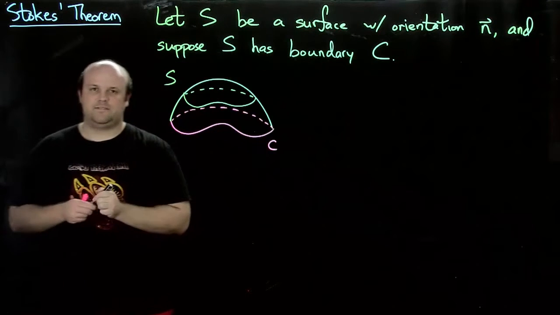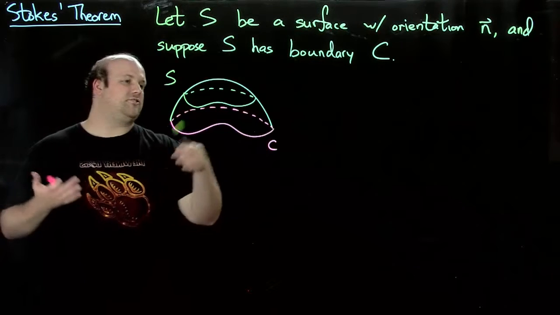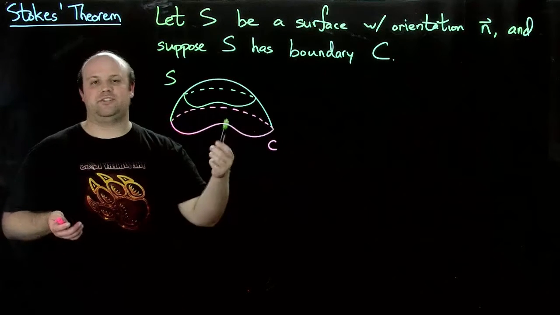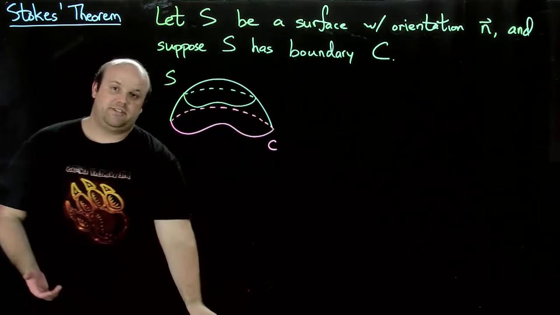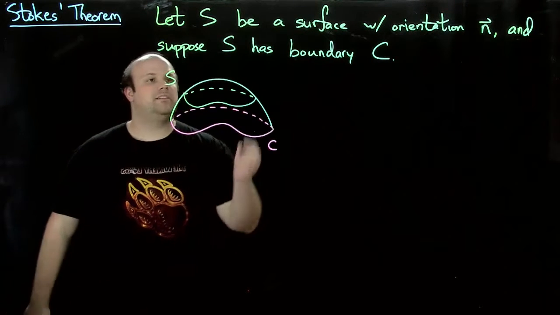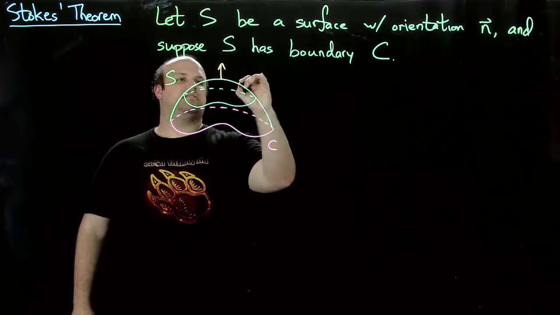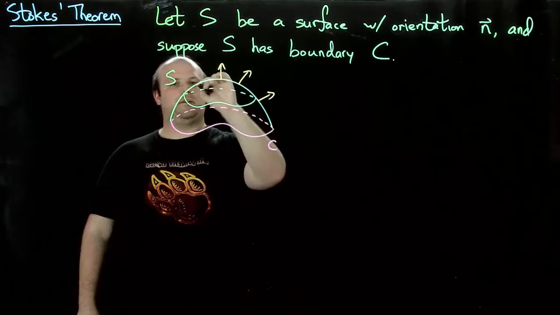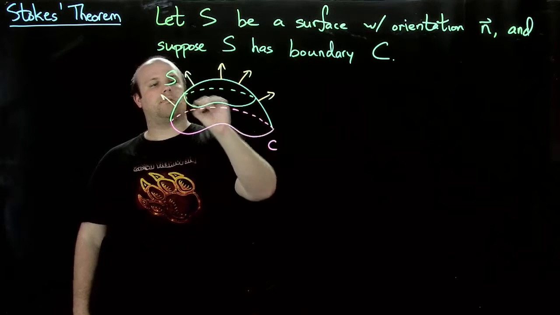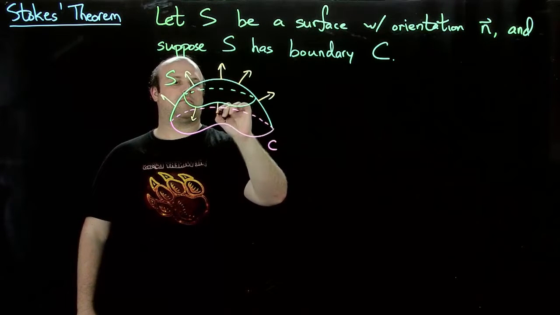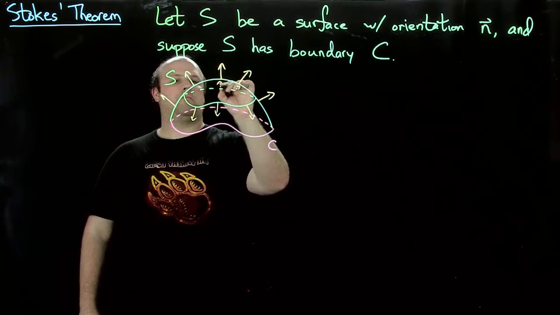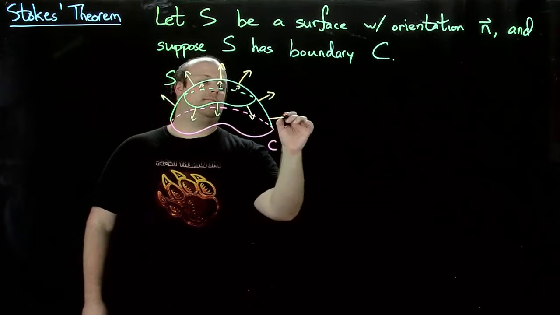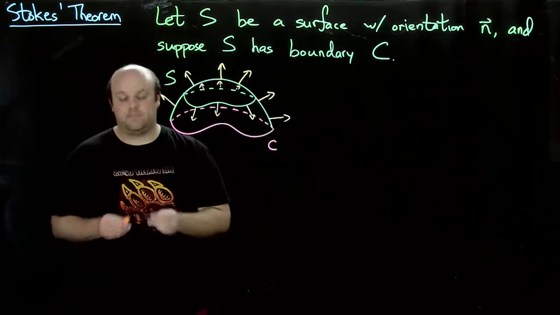For a generic drawing, it's this kind of half bean-shaped thing. All right, and let's draw the orientation on S. An orientation on S looks something like this, maybe. So it's a unit normal vector field, okay?